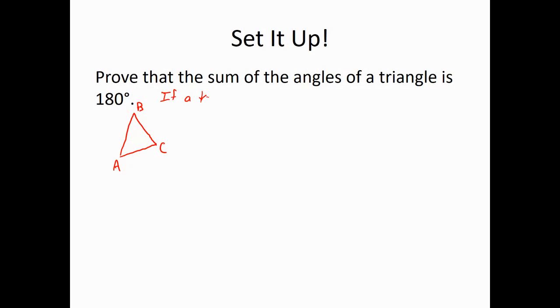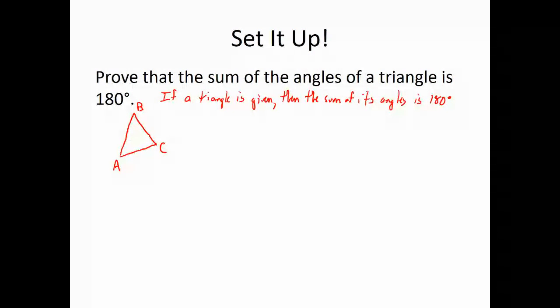If a triangle is given, that could perhaps be put in a different way, but that works. So if a triangle is given, then the sum of its angles is 180 degrees. So there's the conditional statement, which is important because we need to know what the given is and what the conclusion is.